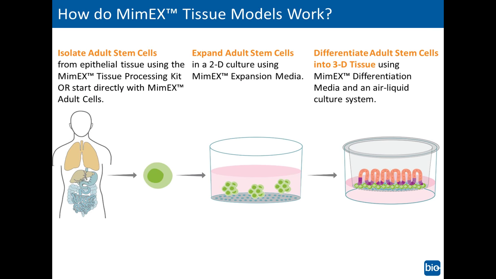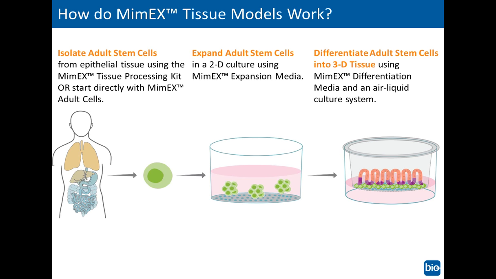So how does it work? So in the beginning, you need stem cells. So you need to isolate adult stem cells. You can do this with a biopsy and using a tissue processing kit and really a relatively simple protocol, isolate the stem cells. Or you can start directly with stem cells that we have isolated for you.